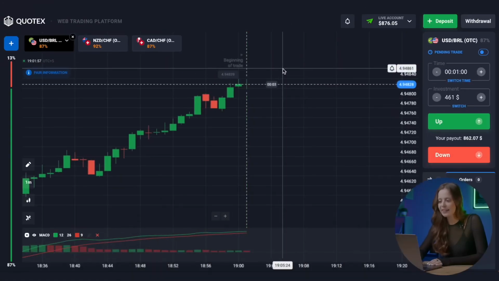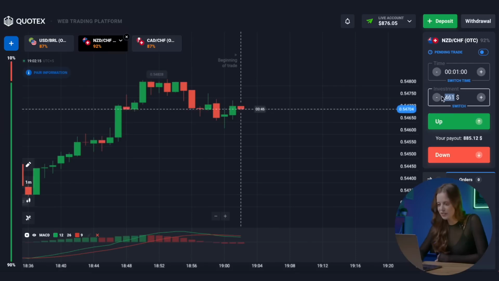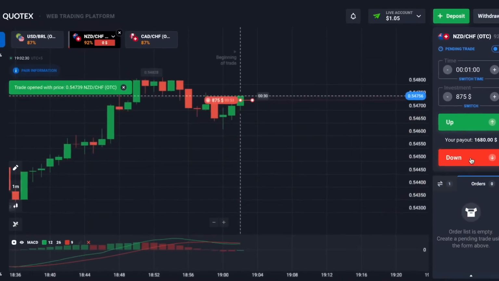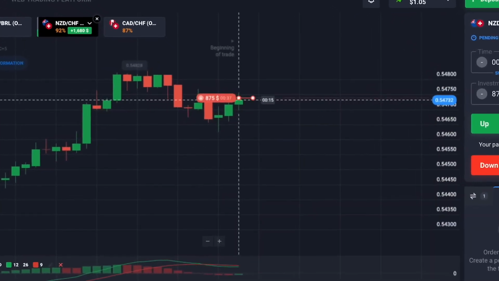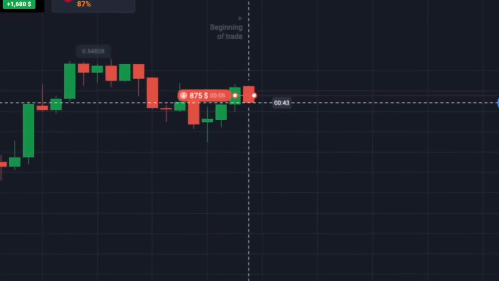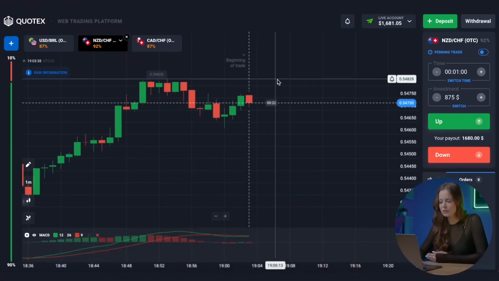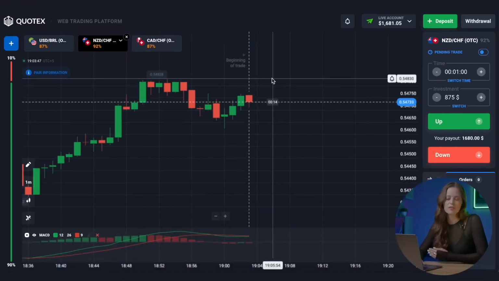We have $876 on the balance. So get ready for another put option. And we win again. We now have $1,681 on the balance.